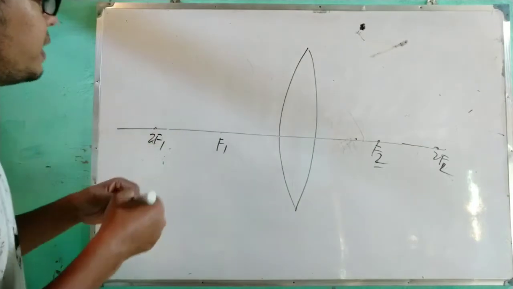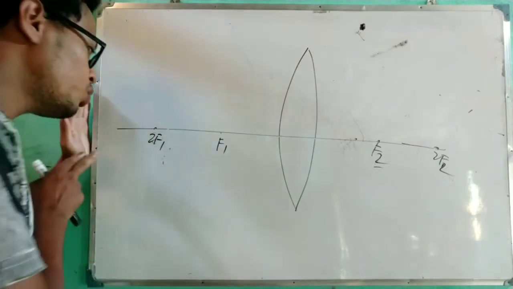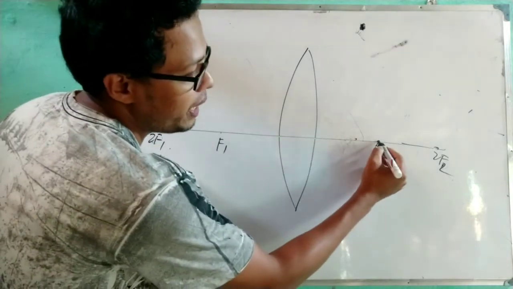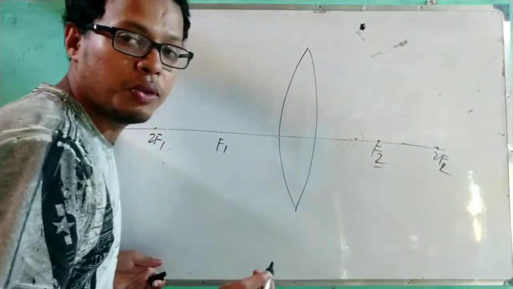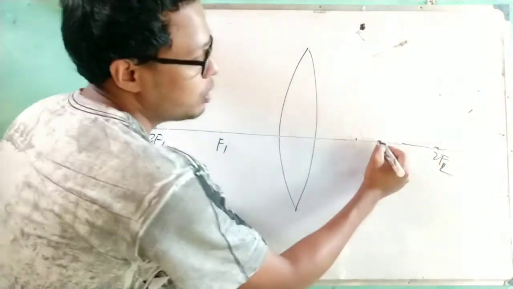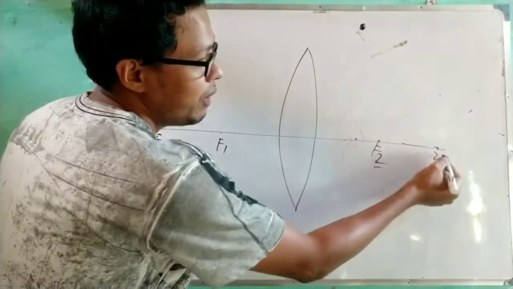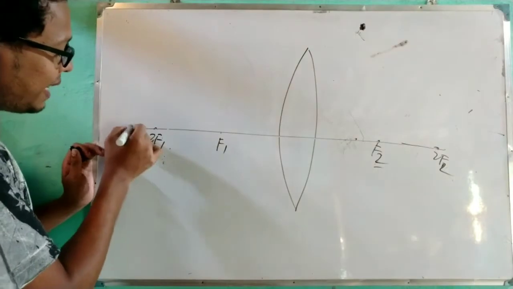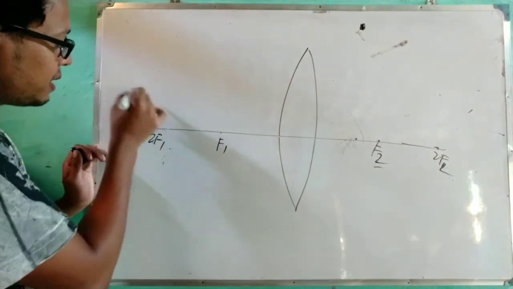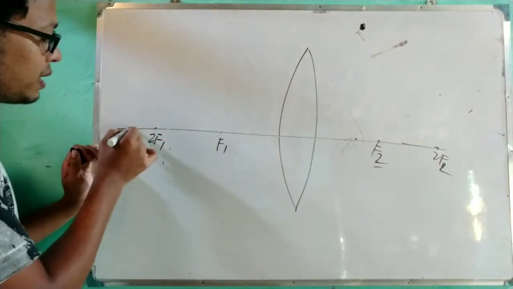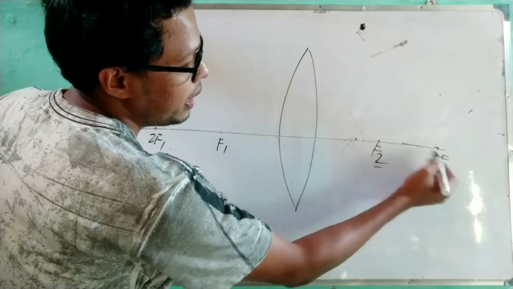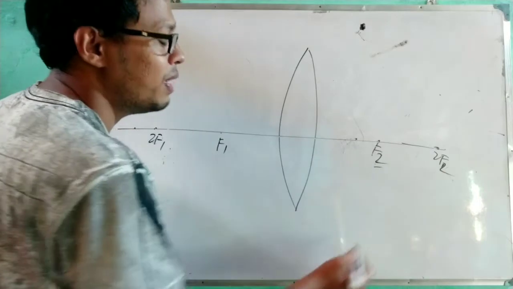When the object shifts from infinity towards twice f1, the image also shifts from f2 to twice f2, and the size of the image gradually increases in between f2 and twice f2. When the object is placed beyond twice f1, the image forms in between f2 and twice f2, and the size of the image is diminished compared to the object.